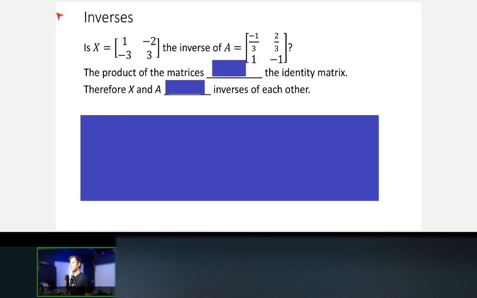So everyone quickly go ahead and multiply this matrix and this matrix together. And you can go ahead and stop once you determine if it is or is not the identity matrix. Let me know what you get and what you find out about these. I'll give you about a minute at the most.